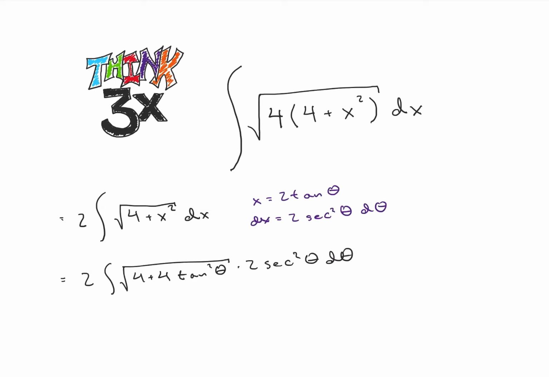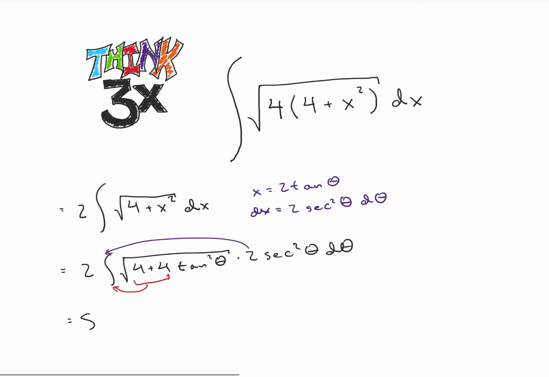And we can pull out another 2 from inside of the radical, and move that other 2 out. So we can move these 2's out as well, and we're going to end up with 8 outside of our radical with the integral of the square root of 1 plus tangent squared.